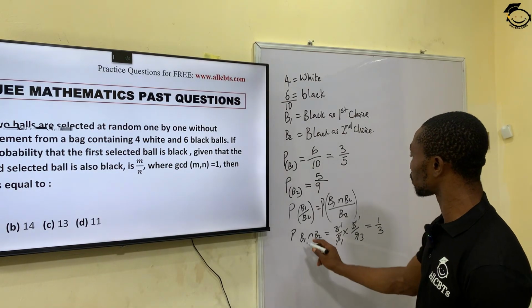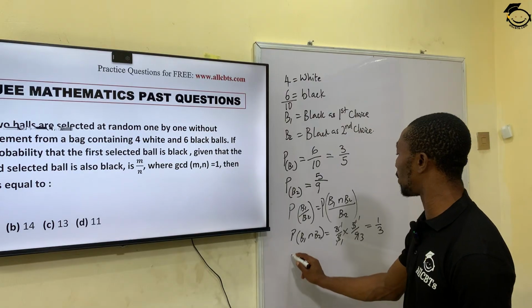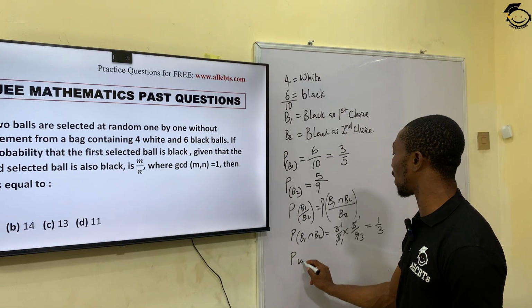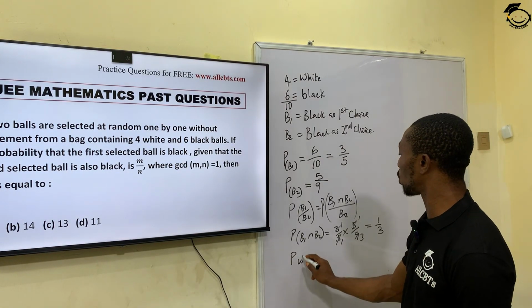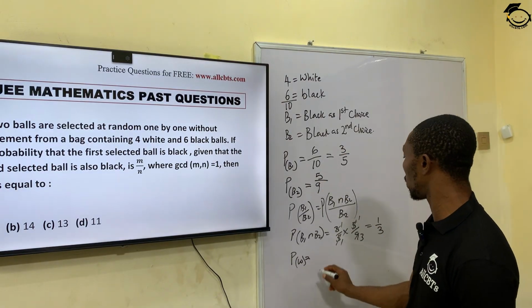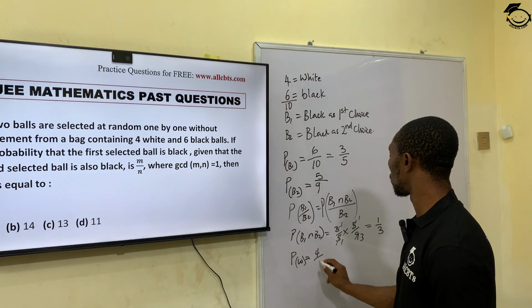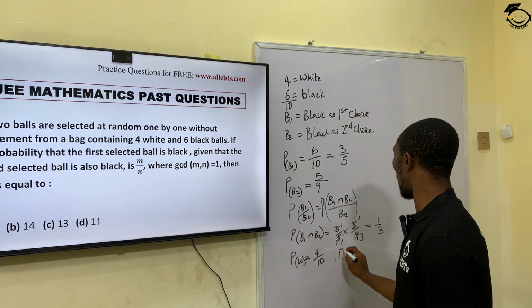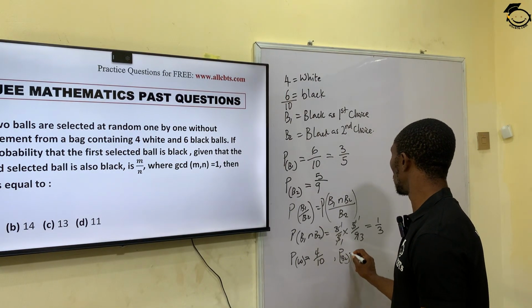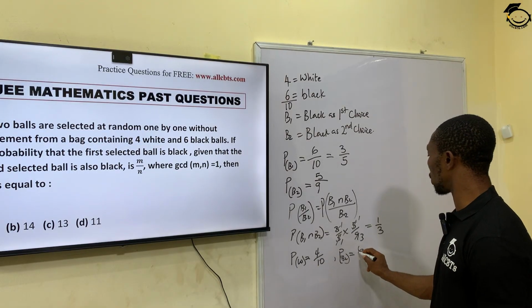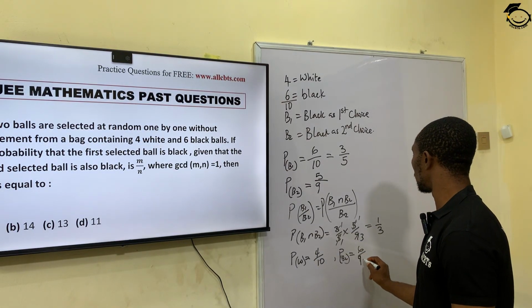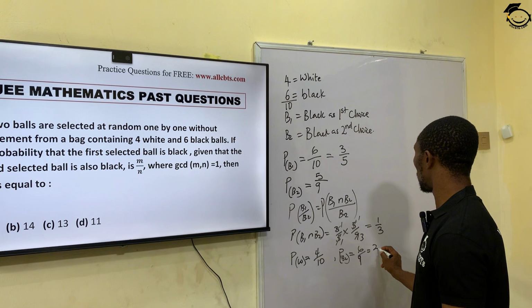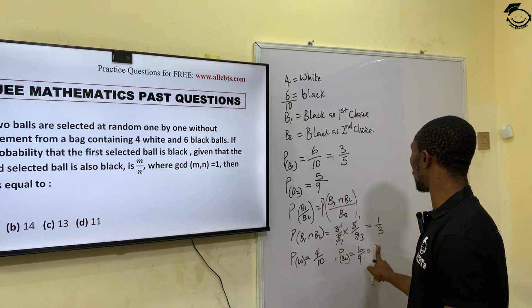Now next, we are going to find the probability of picking a white first. Probability of picking a white first will be 4 over 10. And probability of picking a black second will be 6 over 9, which gives us 2 over 3.